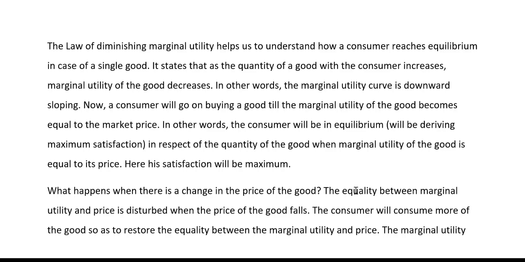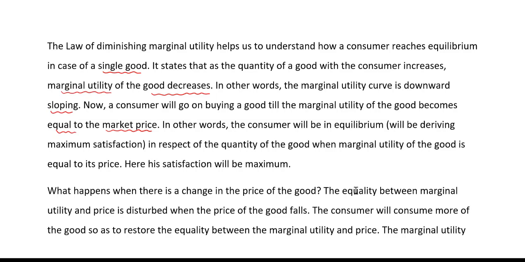The law of diminishing marginal utility helps us to understand how a consumer reaches equilibrium in case of a single good. It states that as the quantity of a good with the consumer increases, the marginal utility of that good decreases. In other words, the marginal utility curve slopes downward. A consumer will go on buying a good till the marginal utility of the good becomes equal to the market price, because that is where he will be achieving the maximum satisfaction.